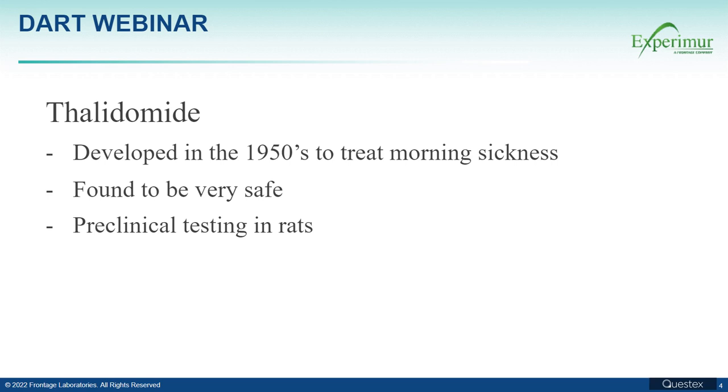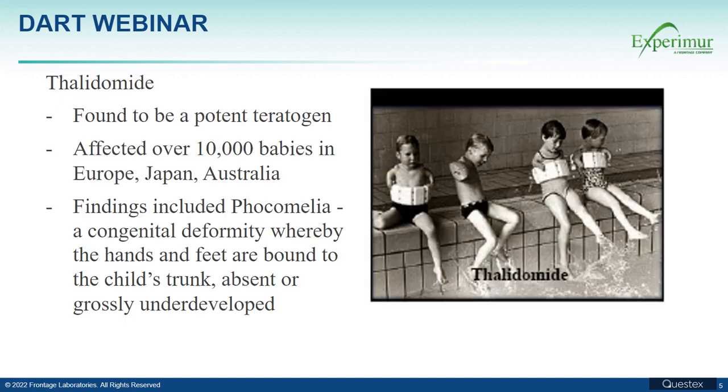So I'm sure we all know of thalidomide, which was a drug that was developed in the 1950s to treat morning sickness. It was thought to be very safe, non-toxic, and all of the initial preclinical testing was done in rats.